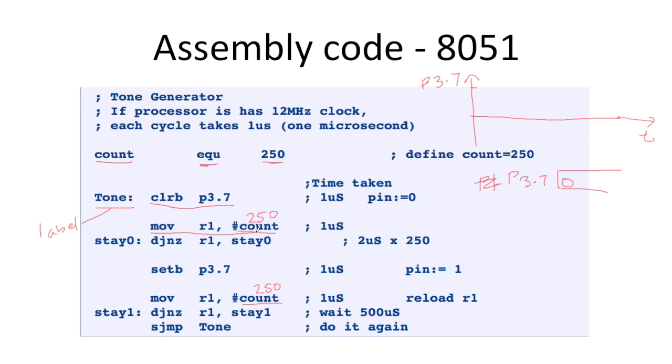This line of code moves the value 250 into register R1. Note the direction of movement is always from the right side to the left side. So here is our register R1, and now it has the value 250 in it.